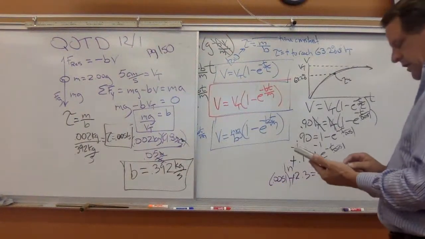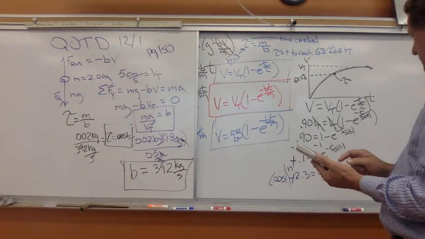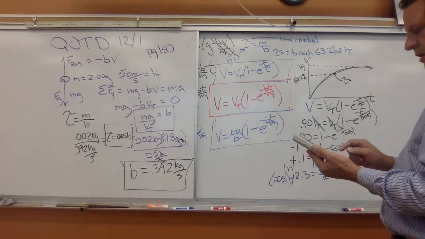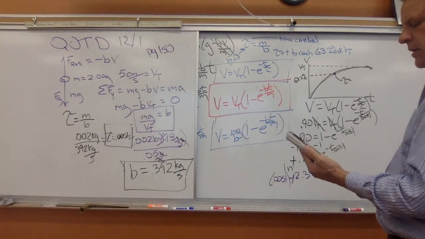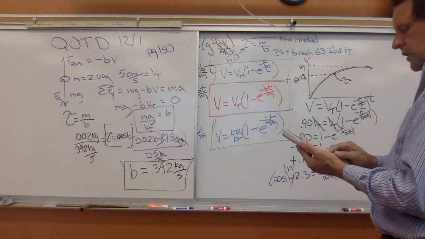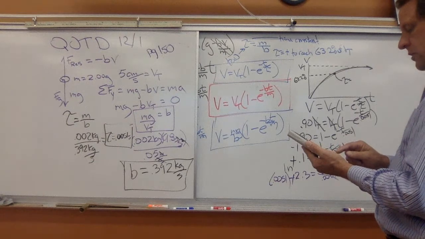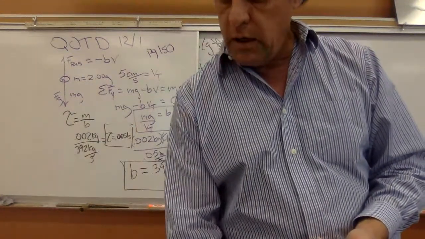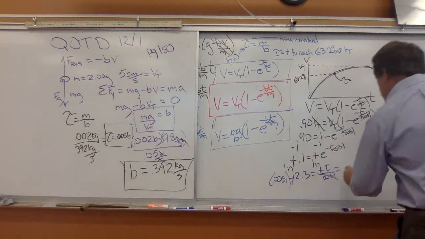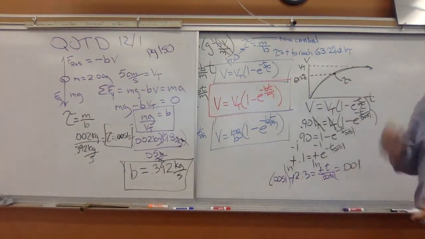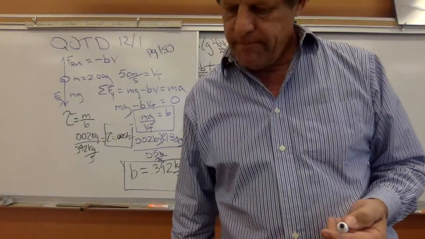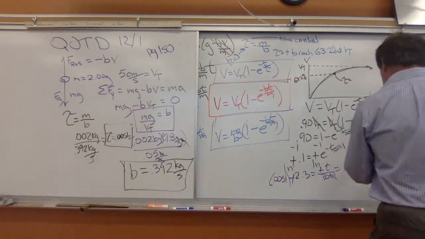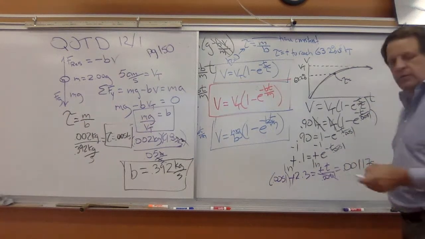And when we do that, 2.3 times 0.0051, we end up with 0.0117 seconds.